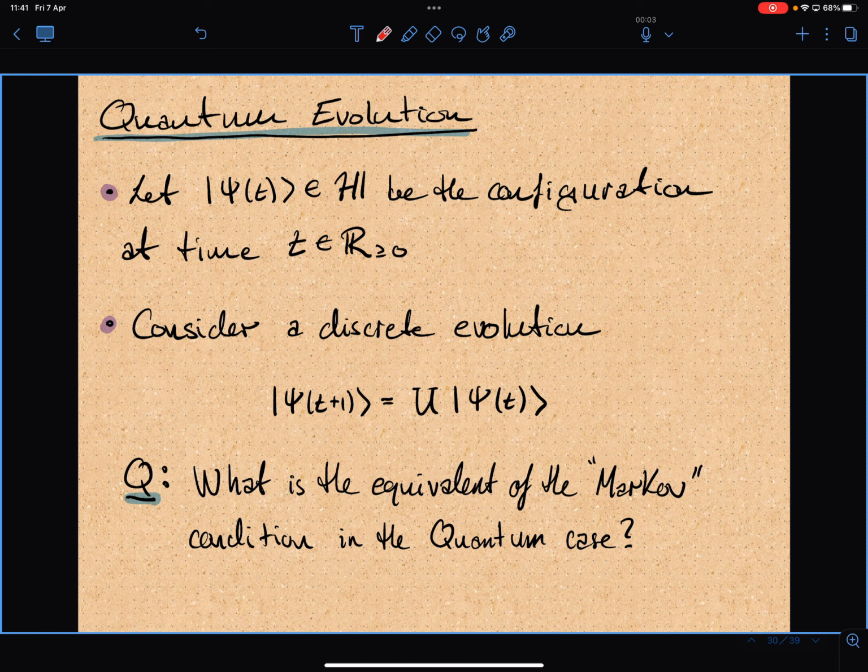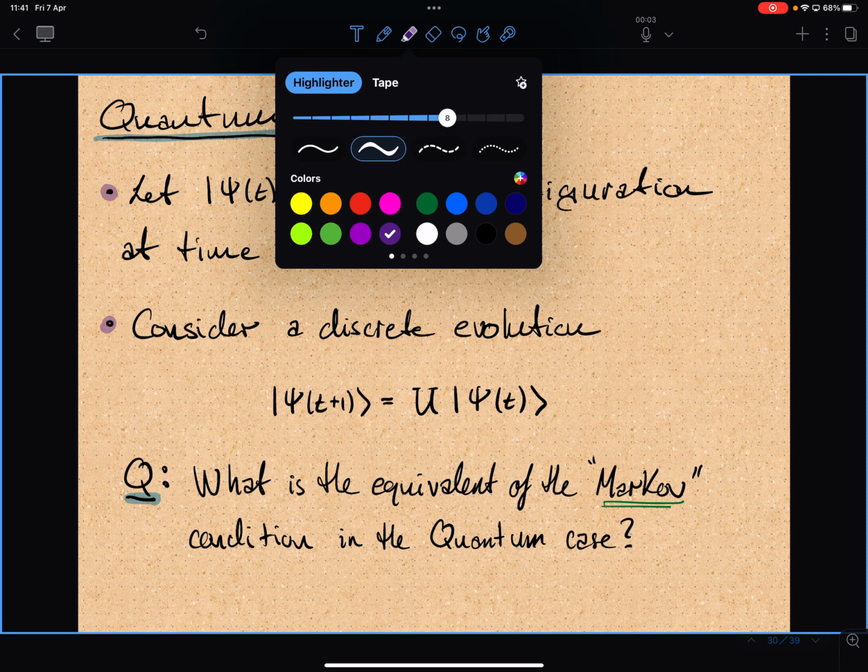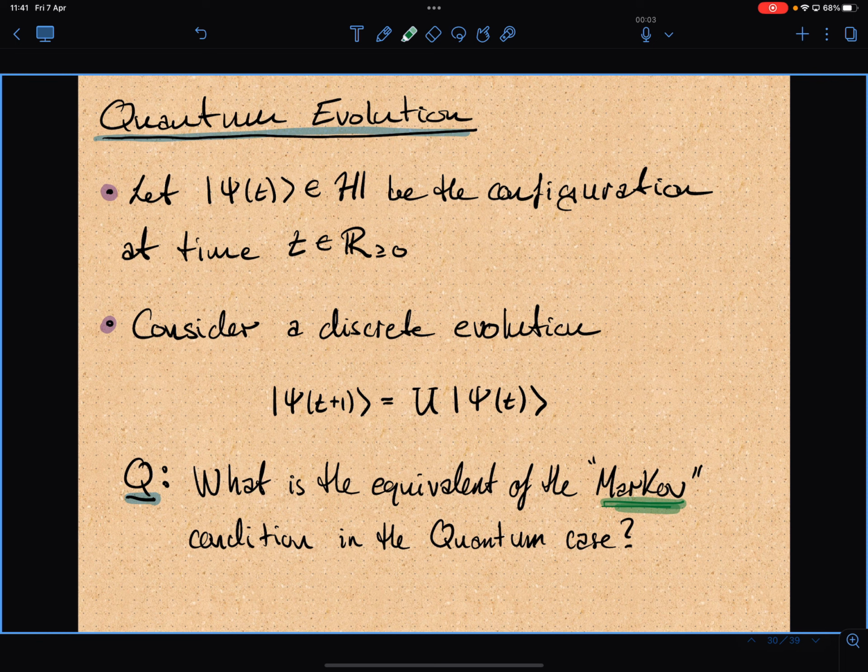I consider the discrete evolution where the configuration at time t plus 1 is given by U times psi of t. The question that should jump out to you is: what's the equivalent of the Markov condition?